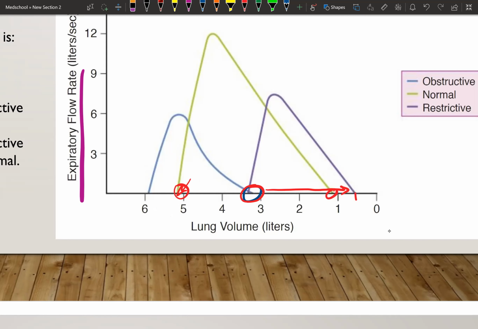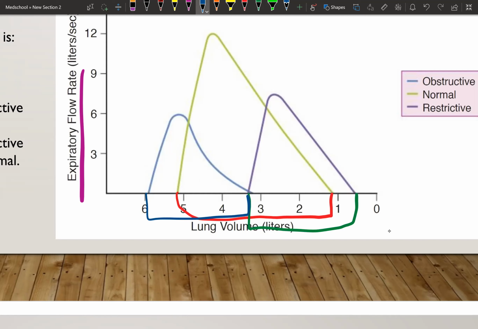So these are two diseases that illustrate opposite ends of the spectrum. But if you look at total change in volume, a normal individual has a greater volume change from a maximal inhale to a maximal exhale than someone with pulmonary fibrosis or someone with emphysema.